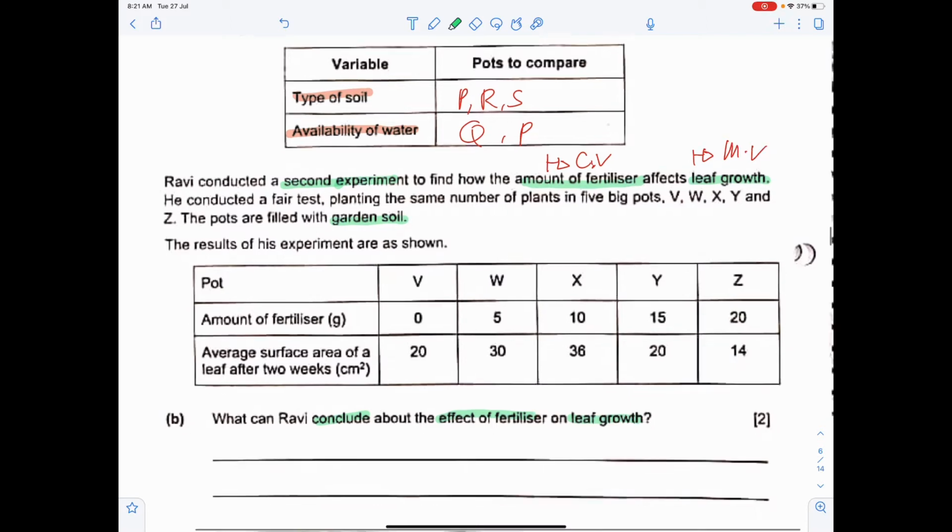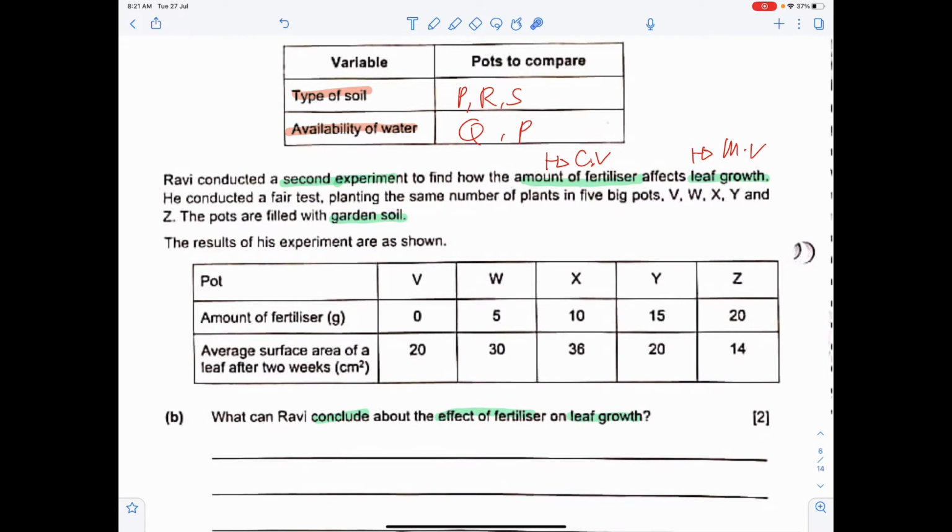So the first trend is that if you take a look over here, okay, as you go from 0 to 10 for your fertilizer, the growth rate is also increasing, right? If you take a look at it. So I'm just going to do 2 arrows this way to signify that they are of the same trend.